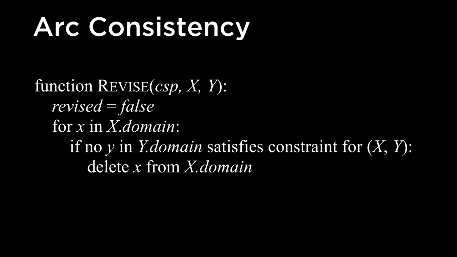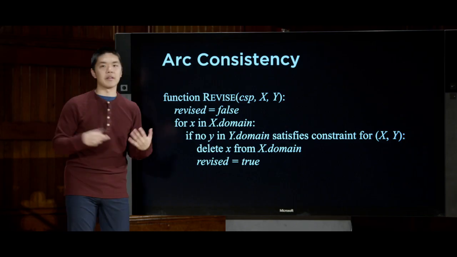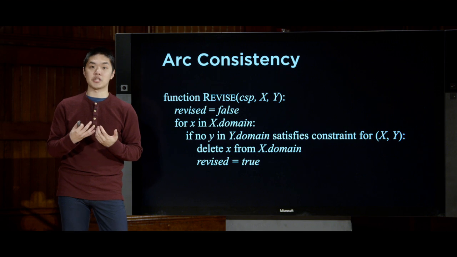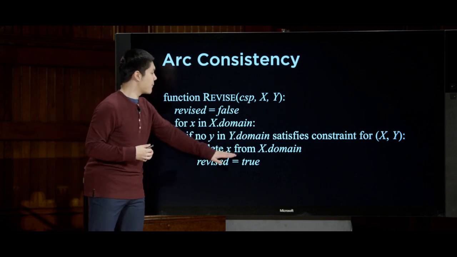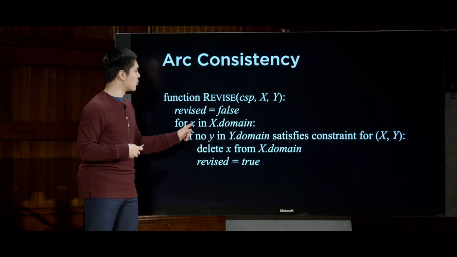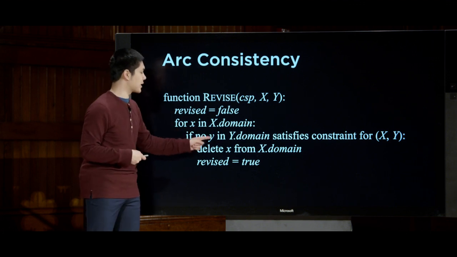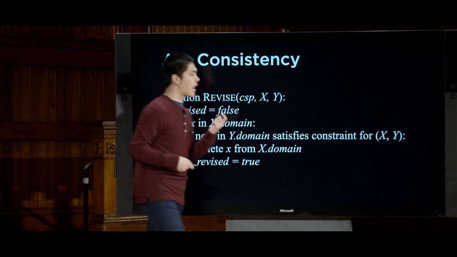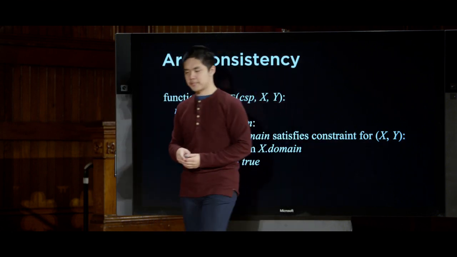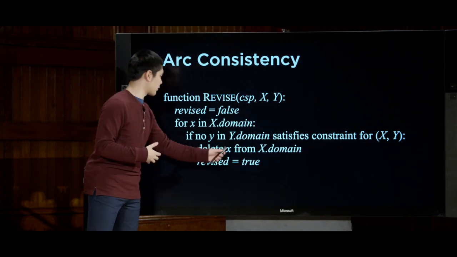So I'll delete x from X's domain, and I'll set revised equal to true, because I did change X's domain. I removed little x because it wasn't arc consistent. There was no way I could choose a value for Y that would satisfy this XY constraint. So in this case, we'll set revised equal to true.